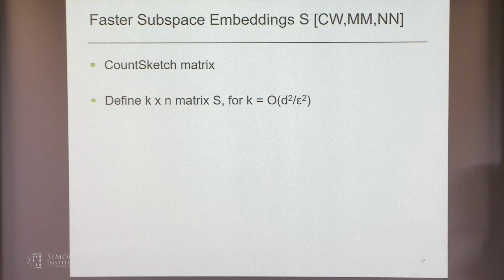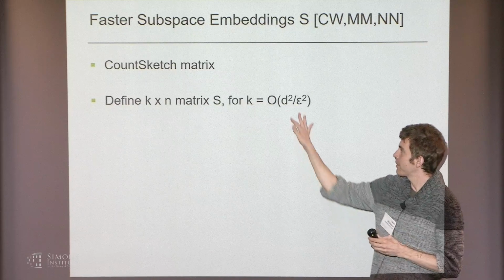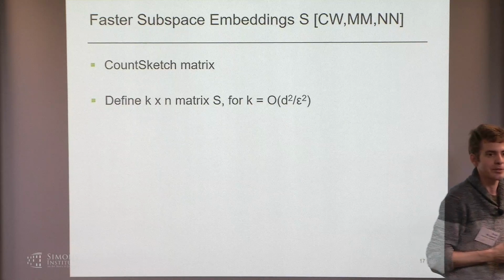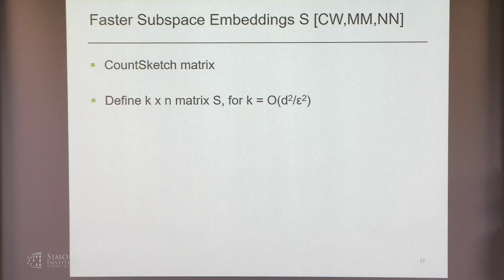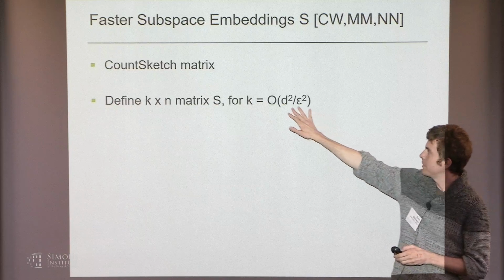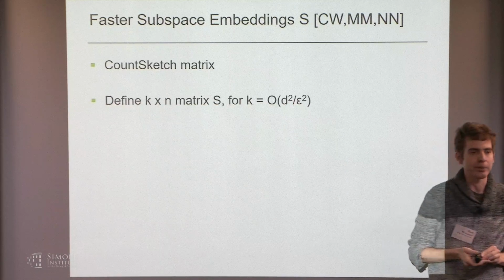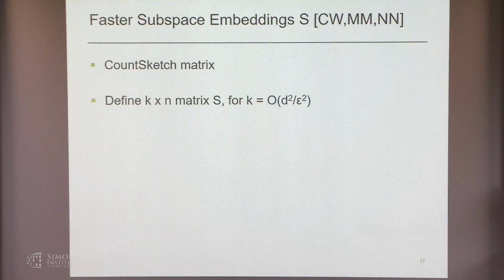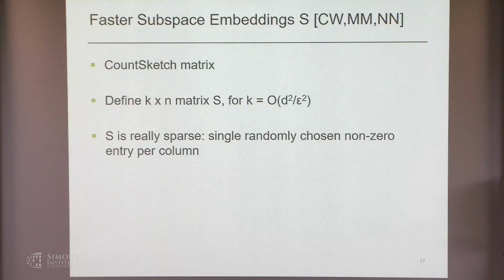So what are these? These are, again, wide fat matrices with more rows now. So instead of just d over epsilon squared rows, I have roughly d squared over epsilon squared rows, still independent of this large dimension n. The nice thing about these matrices S, if you haven't seen them, is they're extremely sparse.